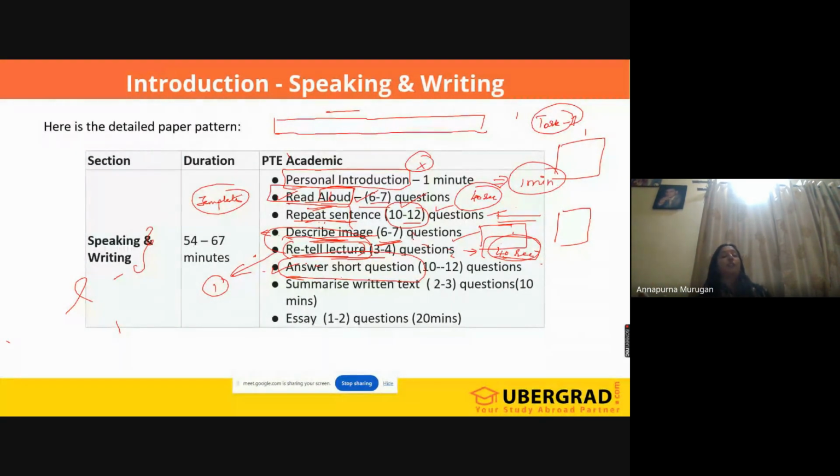Complete information should be present in one summary sentence. That means only one sentence, and it should not be a simple sentence. It should be a compound and complex sentence. So beware of these things, and here we can get full score.